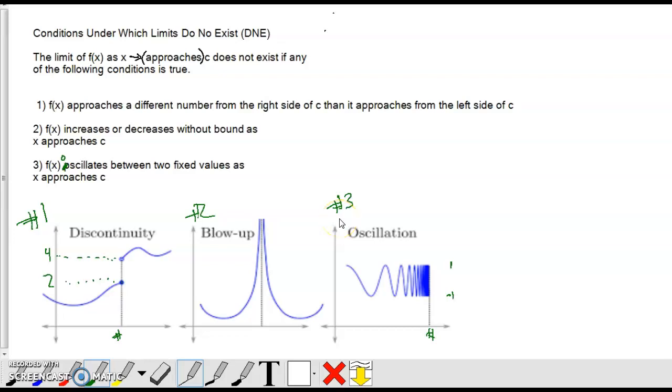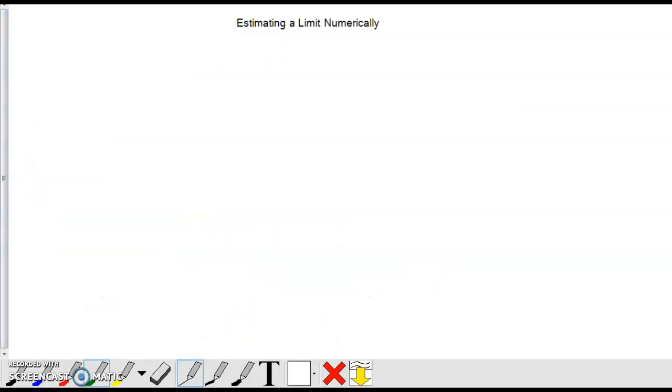Okay, but let's see how you would look at a table to figure this out. So estimating a limit numerically. Here's our first example: the limit as x approaches 2 of 3x minus 2. So when I'm approaching, this graph is a line.